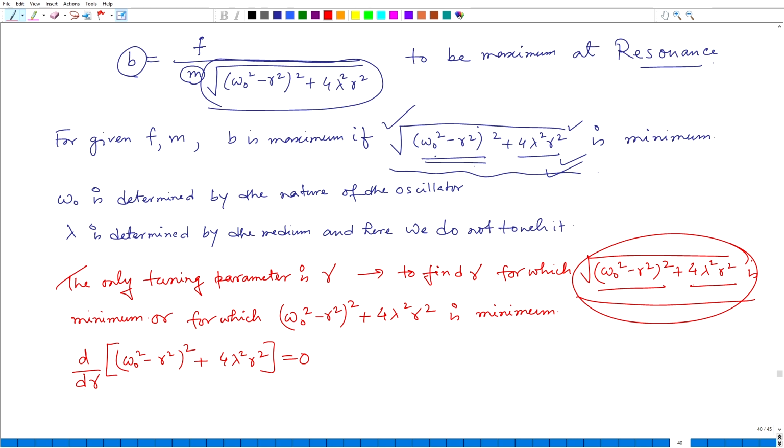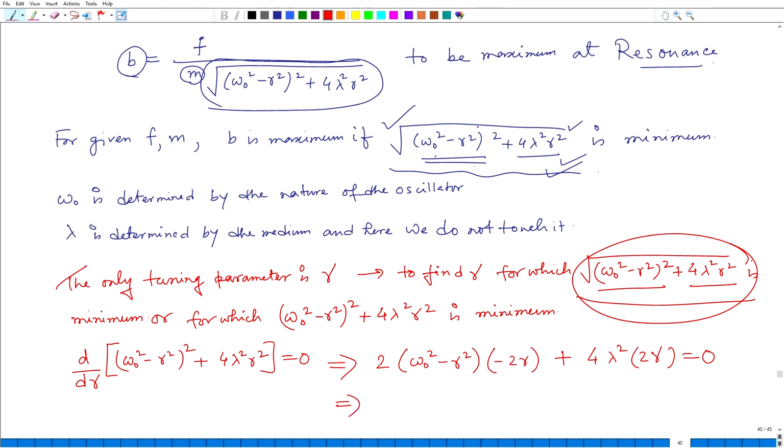Okay? So, if this is true, then 2 times omega 0 square minus gamma square times minus 2 gamma plus 4 lambda square times 2 gamma is equal to 0.